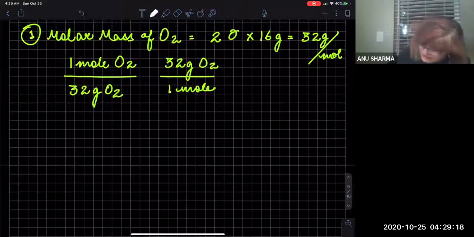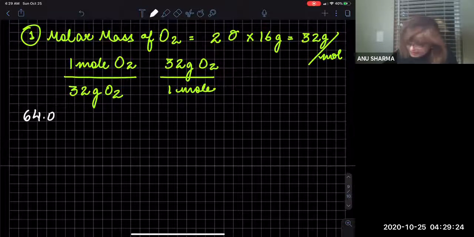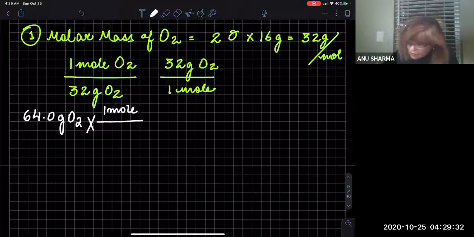We are given 64.0 grams of oxygen. First step is to convert to moles. So 1 mole of oxygen over 32 grams of oxygen.